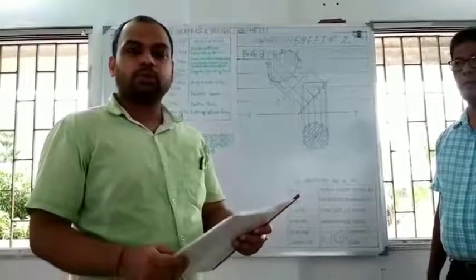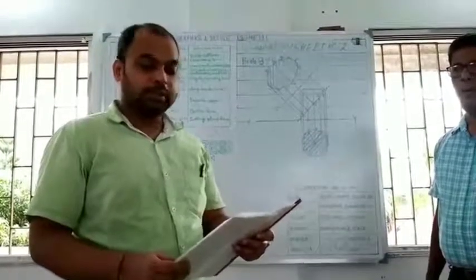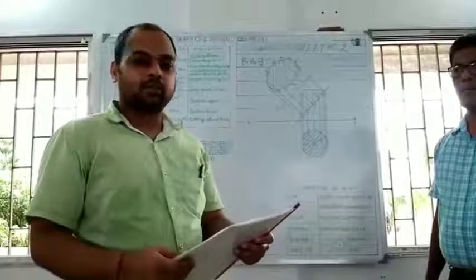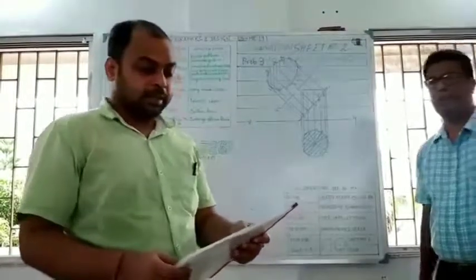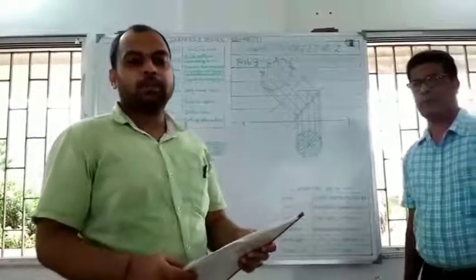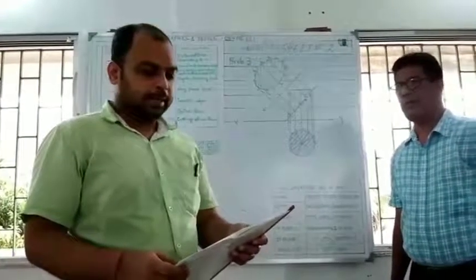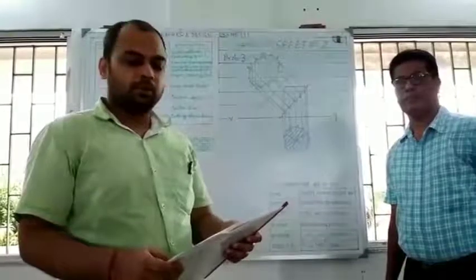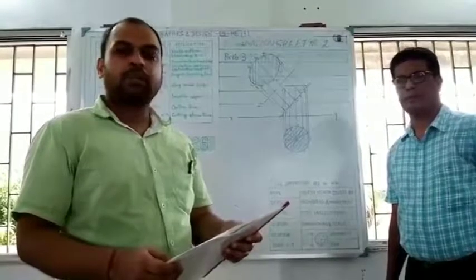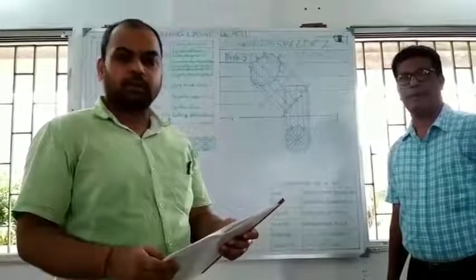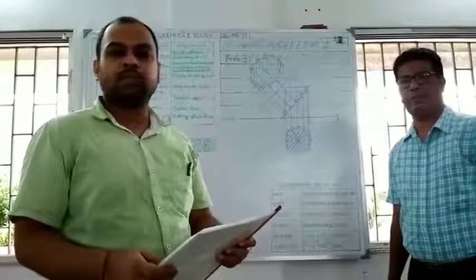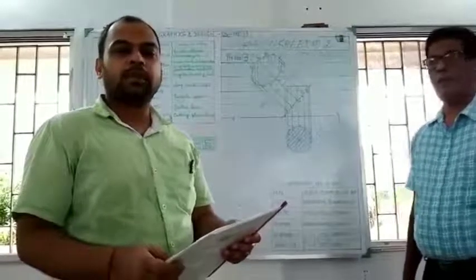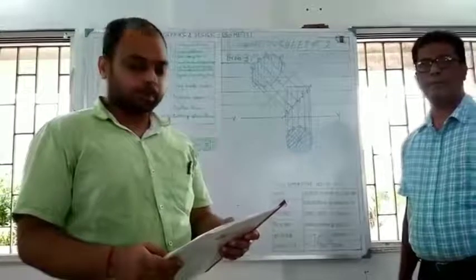Fourth module, projection of solids. Fifth module, isometric views. Sixth module, sectional views. Seventh module, development of surfaces. And last but not the least, eighth module, introduction to computer aided drawing or drafting, that we generally use to draw on the computer with the help of CAD software, or AutoCAD, you can say.